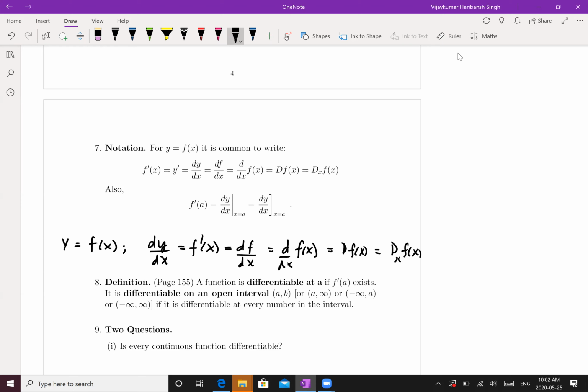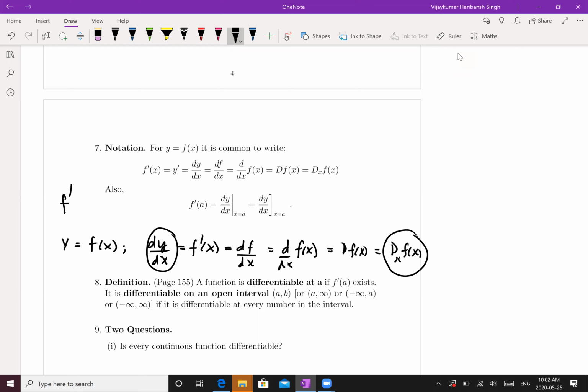So these are all notations for the same thing. The reason for that is later on when you do multivariable calculus, you will see that these notations are useful. And this makes it clear: if I write f prime, it doesn't tell me what the variable is. But if I write dy by dx or df by dx, it tells me exactly with respect to what variable I am taking the derivative.